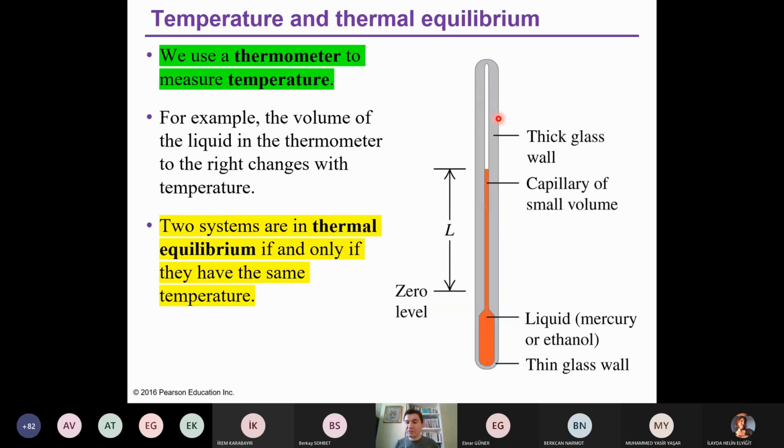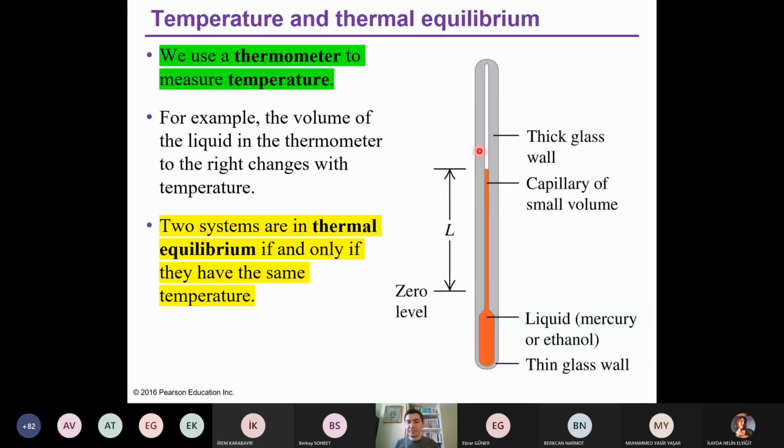Why? It is required for fast thermal equilibrium. Here we have thin glass wall in this part, but here we have thick glass wall. You see, the wall of this part is thicker, and we have a capillary of small volume here.